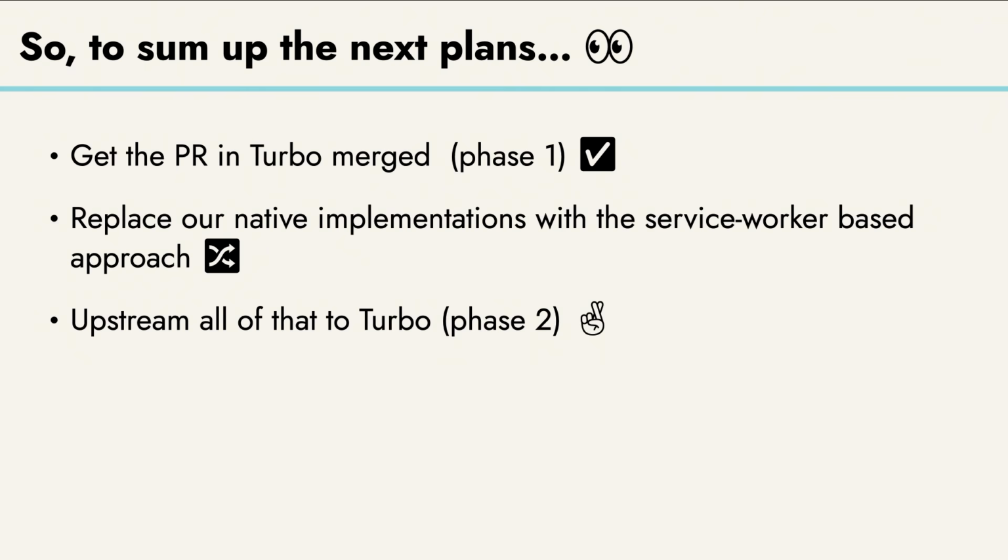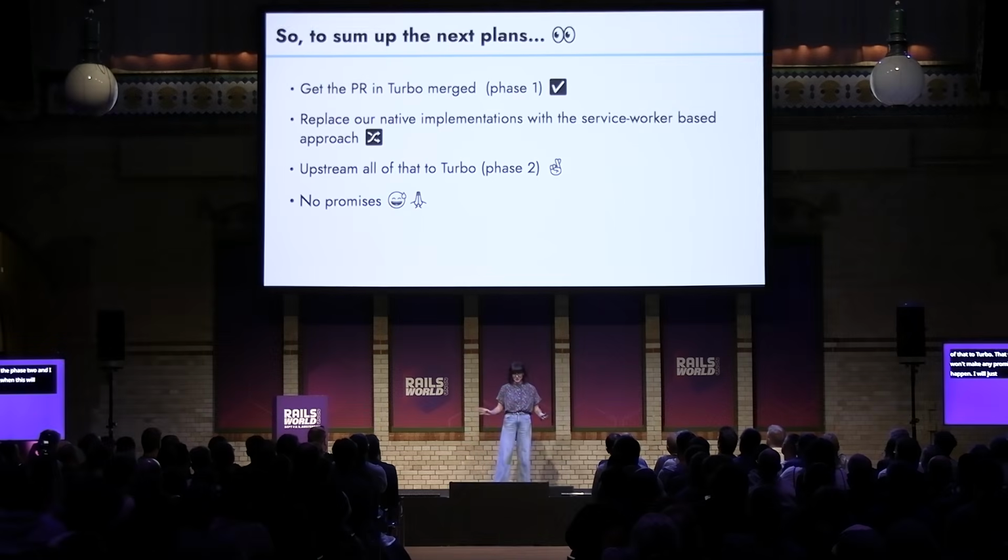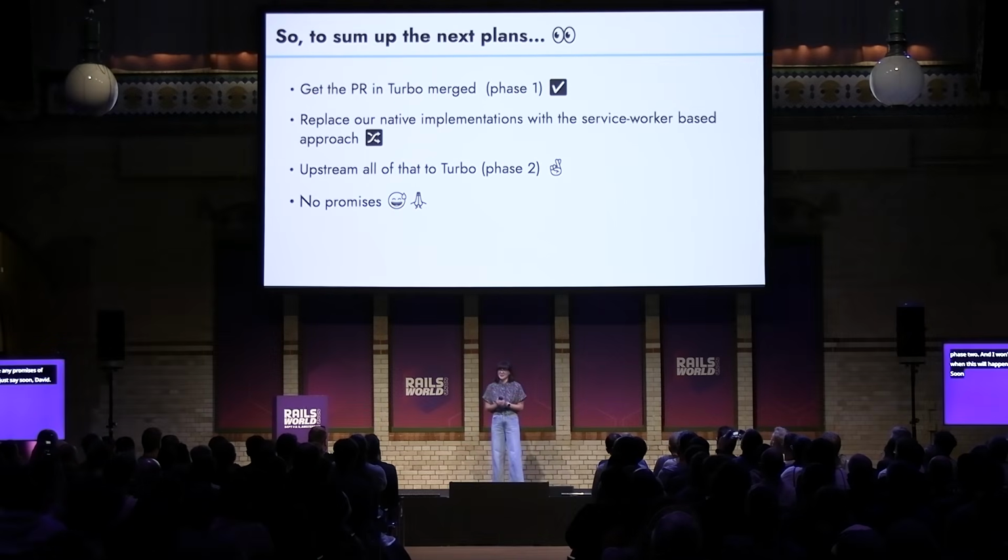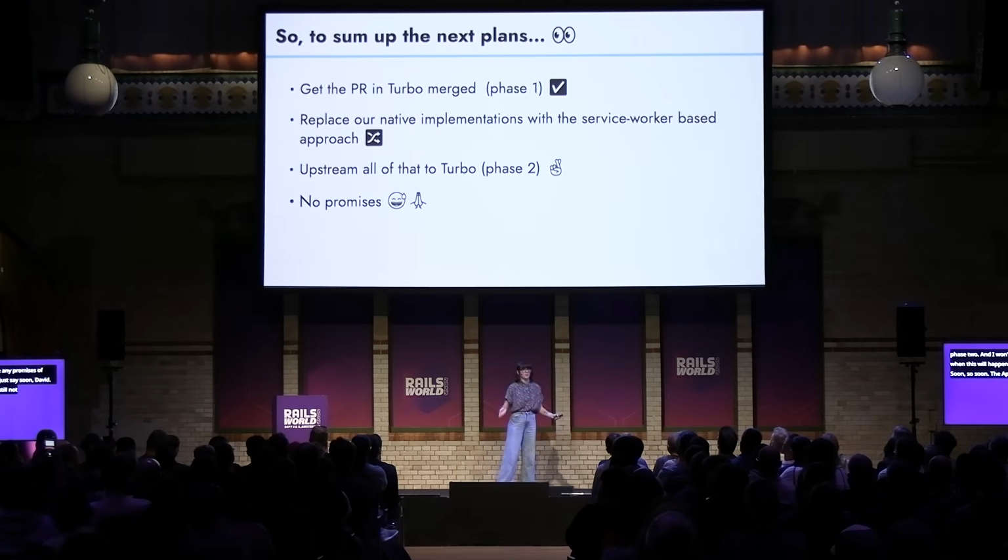That will be phase two. And I won't make any promises of when this will happen. I will just say soon. David yesterday said soon, so yeah, soon. The APIs are still not fixed, the pull request is open. So if you have any ideas about how you would like this to be, talk to me, now or today, or comment in the pull request, whatever.